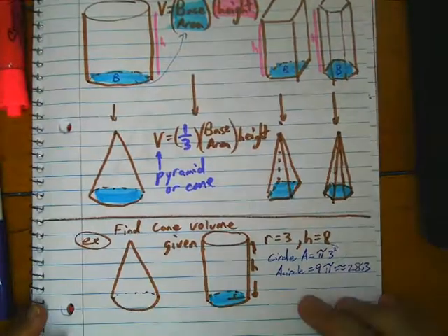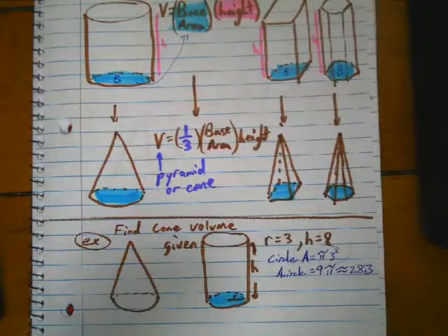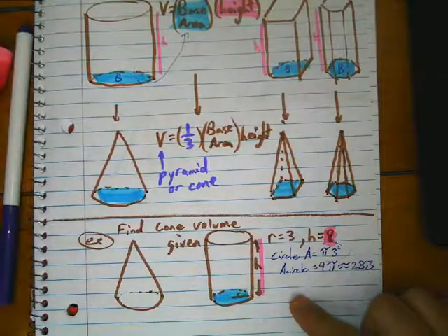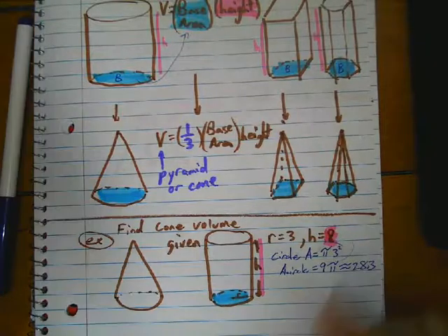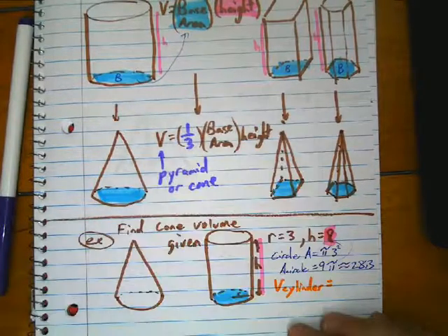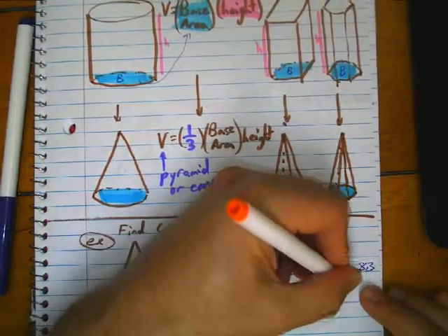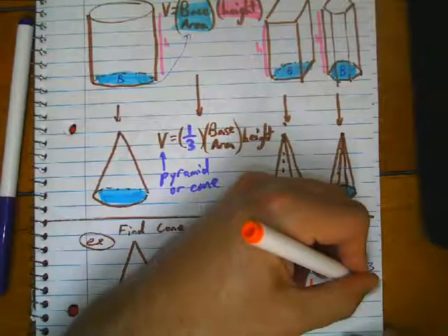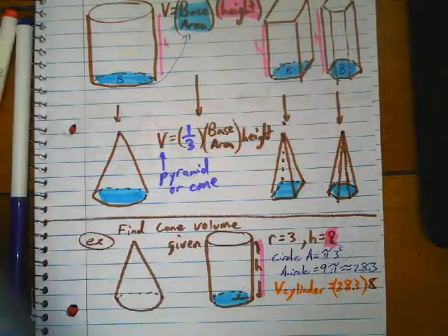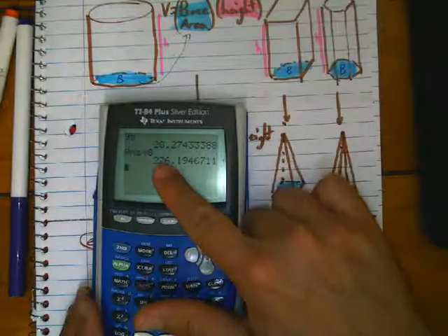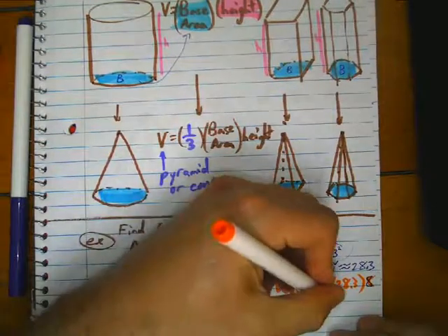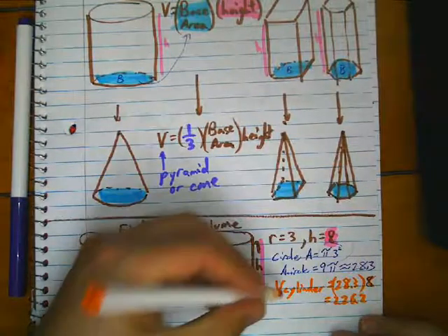Okay, and now if we multiply that by the height of 8, then the cylinder volume is this value, 28.3, times the height, which is 8, and that gives me 226.2. Okay, that's the volume of the cylinder.